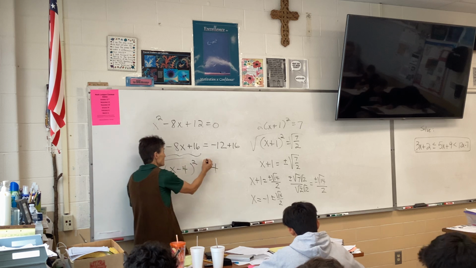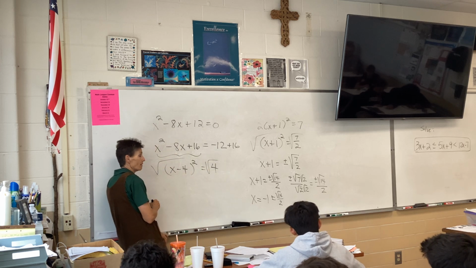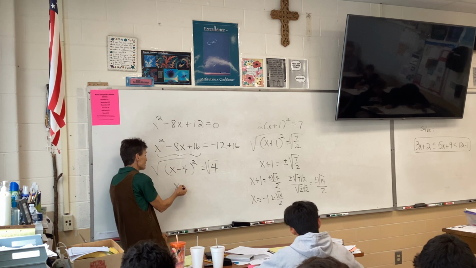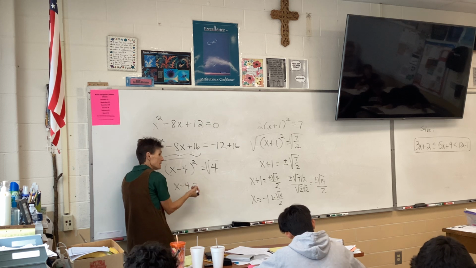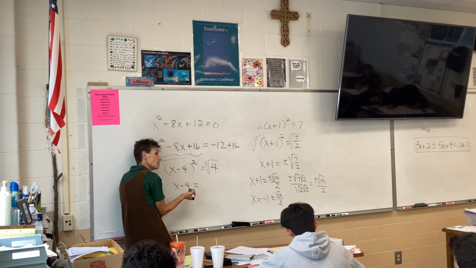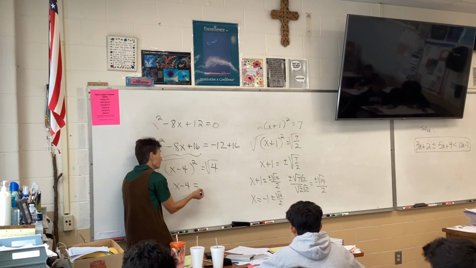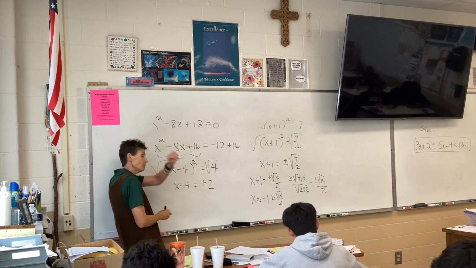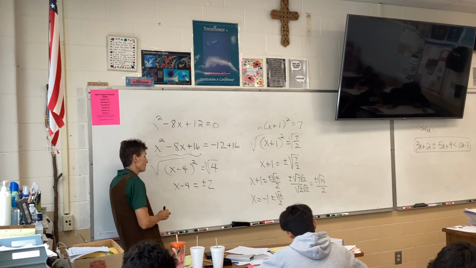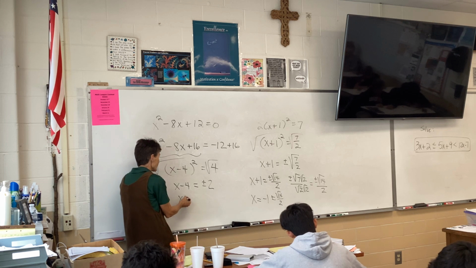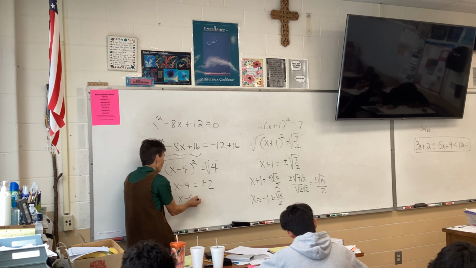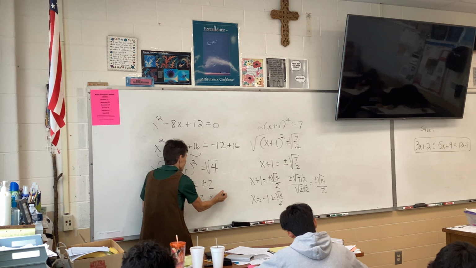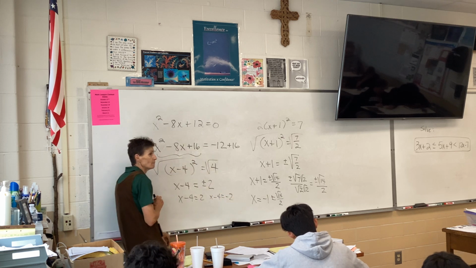And then can I do this? Yeah. So x minus 4 equals, watch it, plus or minus 2. How many answers do I need? 2. I have 2 answers. So x minus 4 equals 2, or x minus 4 equals negative 2.